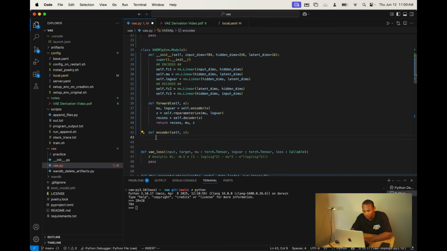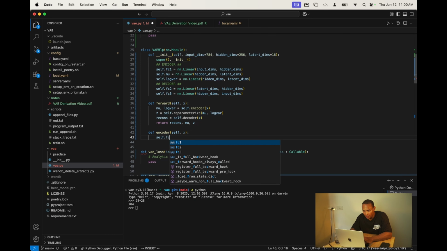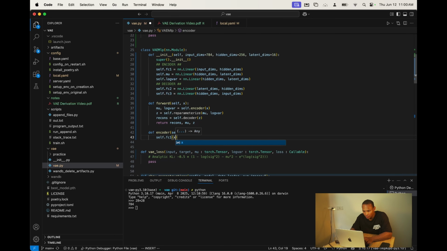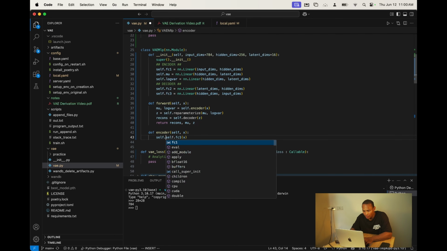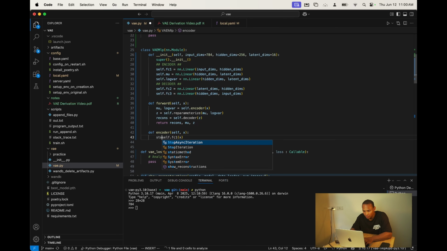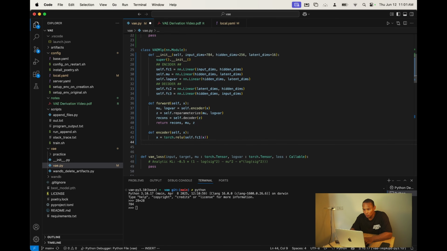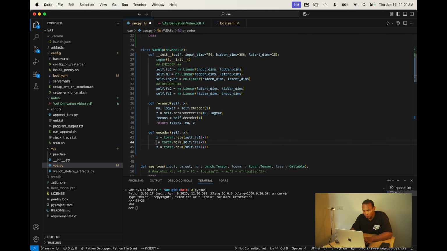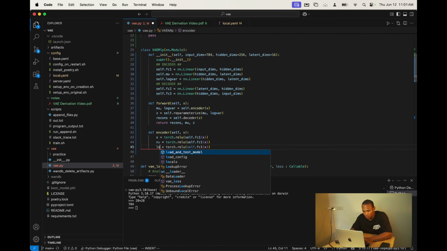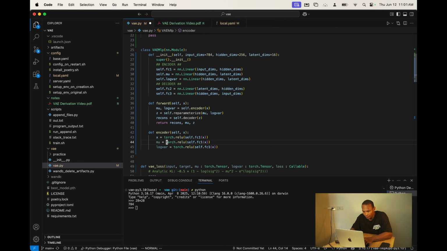Our encoder is going to be self.fc1. So we need to add nonlinearity, so just ReLU, torch.relu. Then mu and log variance.